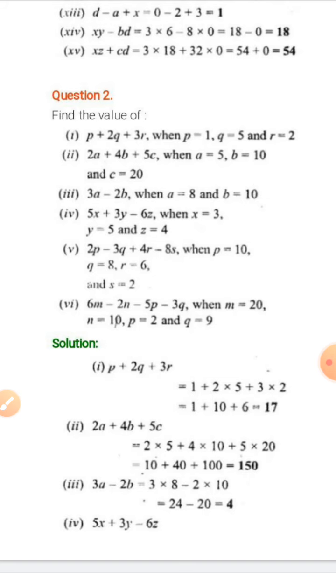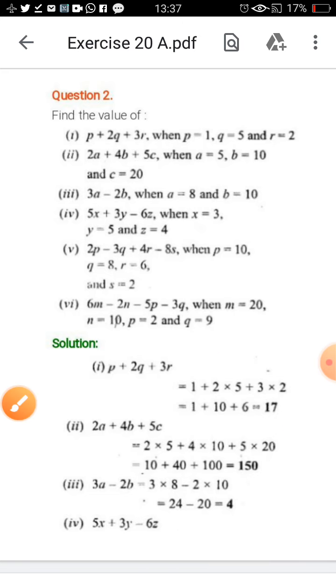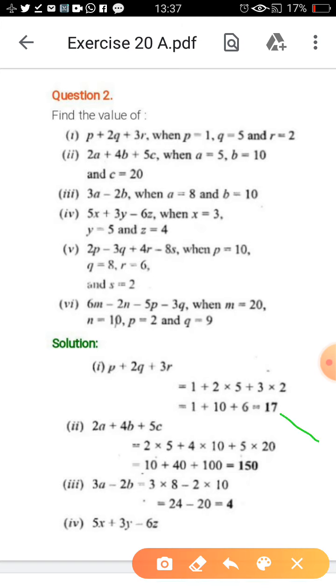So p is equal to 1, 2 into q is equal to 5, and 3 into r is equal to 2. So 1 plus 2 into 5, 10, plus 3 into 2, 6. Now take this addition, 1 plus 10 plus 6, which will be 17. Got it now?